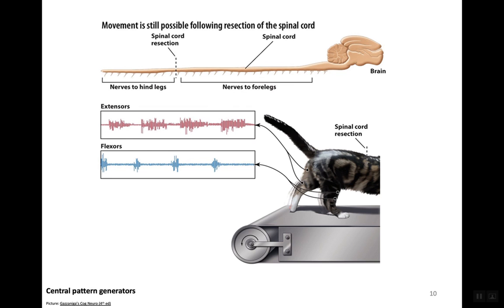And what these neural networks do is inhibit certain muscles while exciting others. So it's this complex pattern of inhibition and excitation that allows stereotypical, common, repetitive movements such as those involved in locomotion to take place.